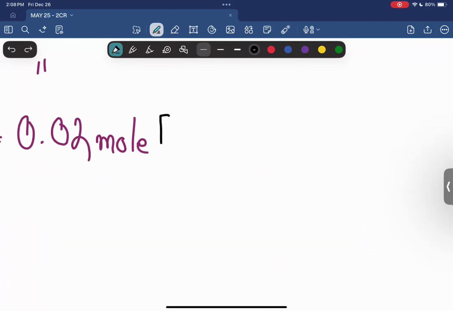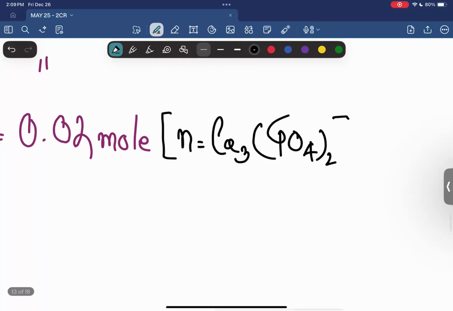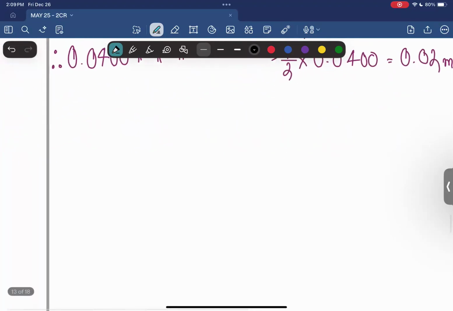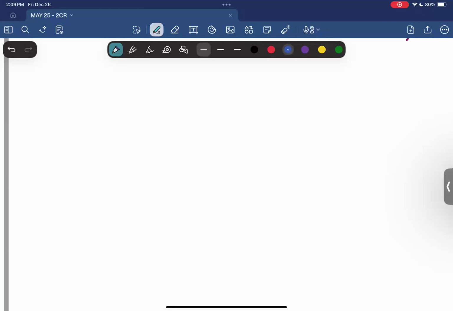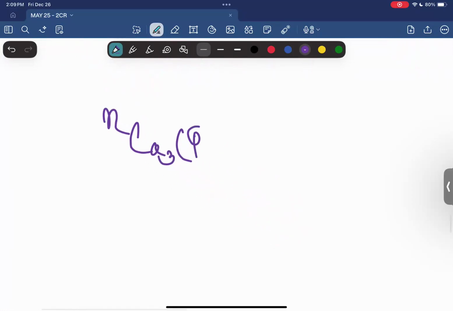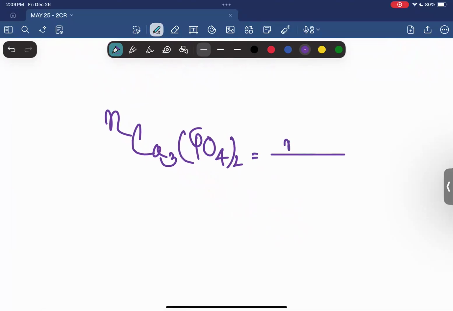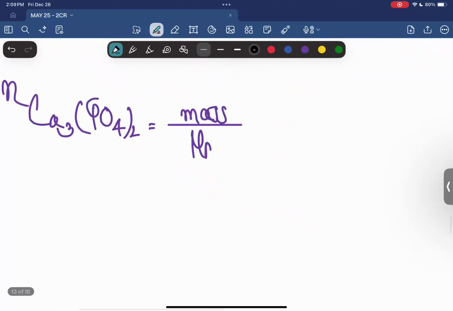You have the moles of it, right? Now what you could do is number of moles of Ca3(PO4)2 is going to be equal to what? Mass by molar mass. You know the number of moles, 0.02.